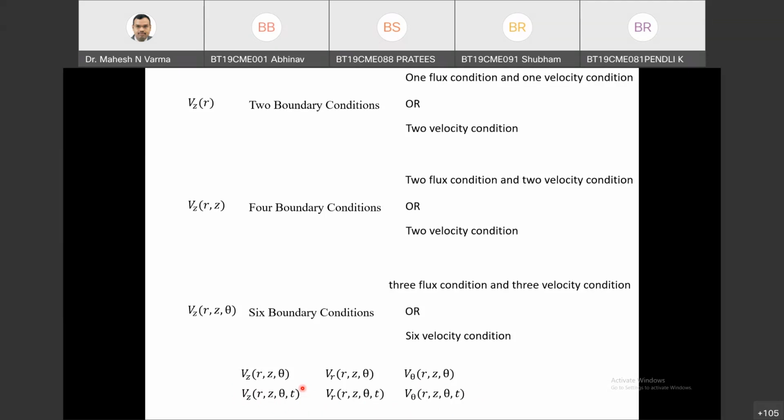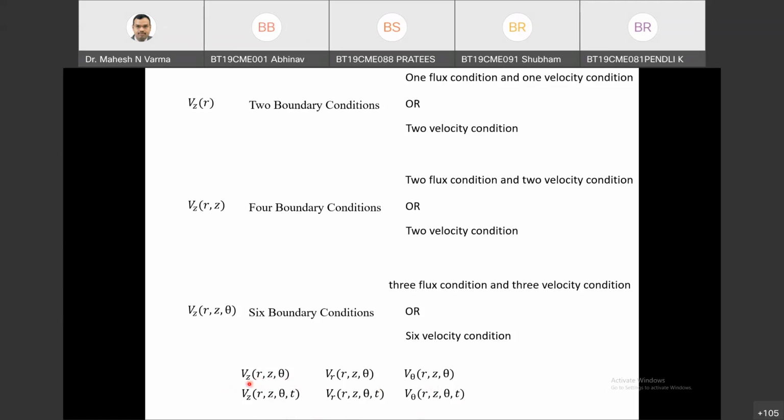Experimental, sir. Okay, people will do experiments and model fitting, and that is what we have seen in estimation of friction factor. And secondly, it can be solved using numerical methods. That is why you are studying numerical methods, and you might be studying a complete subject just to solve this kind of problem.